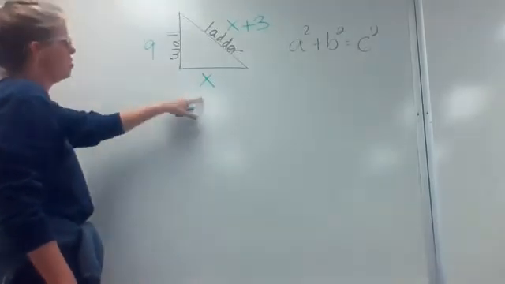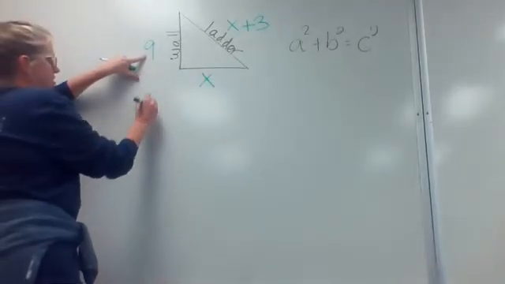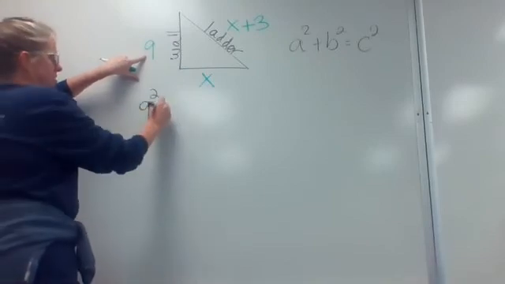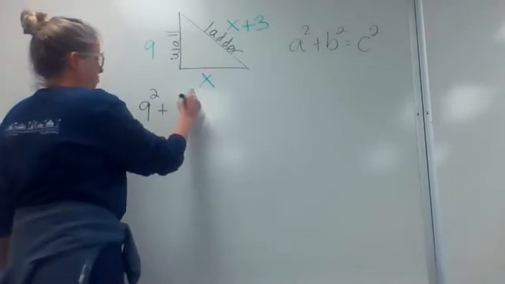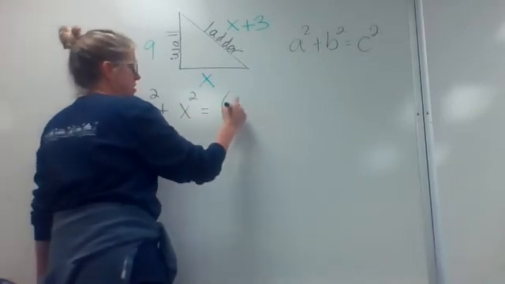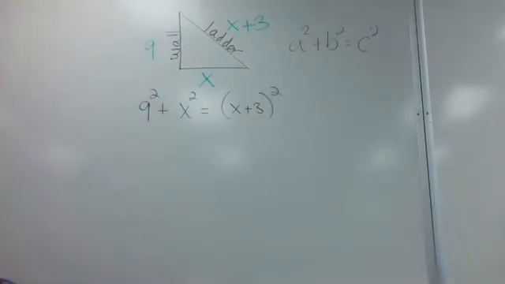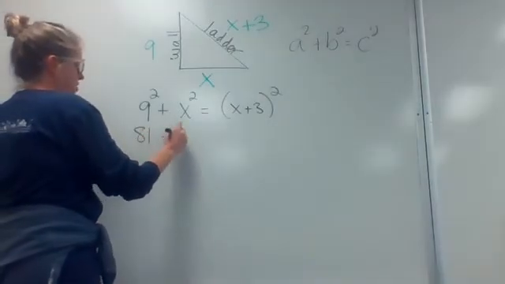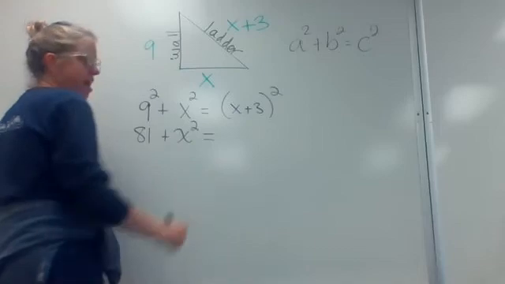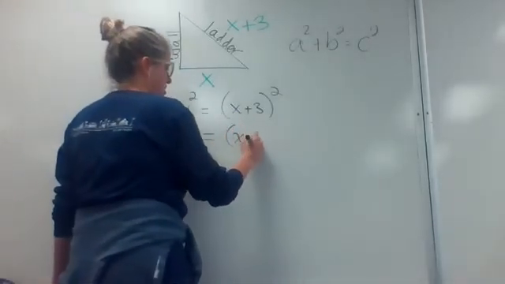Okay, so let's see, either one of these can be A and B, it doesn't matter. So 9 squared plus X squared equals X plus 3 squared. So 9 squared is 81 plus X squared equals, I'll have to FOIL this.